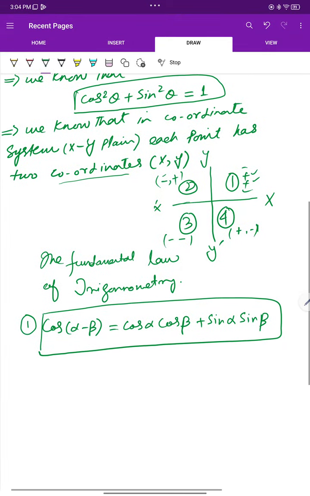This is the basic fundamental trigonometric law. From this, all other identities and the difference of angles are derived from this basic law. So what are they? We're going to prove it in the next video. But first to mention, this is what we can derive from this.